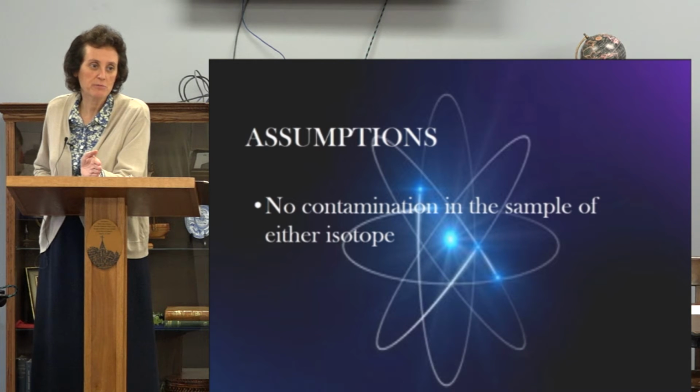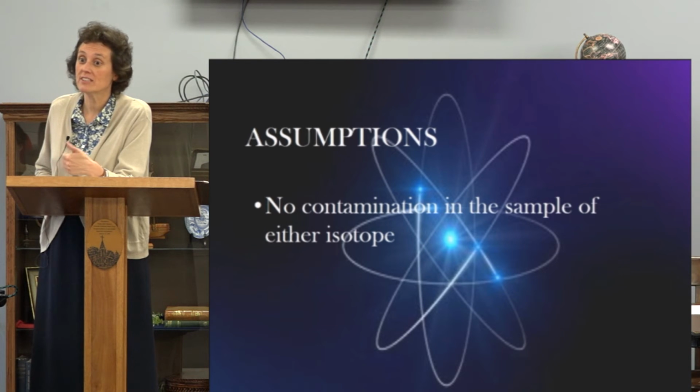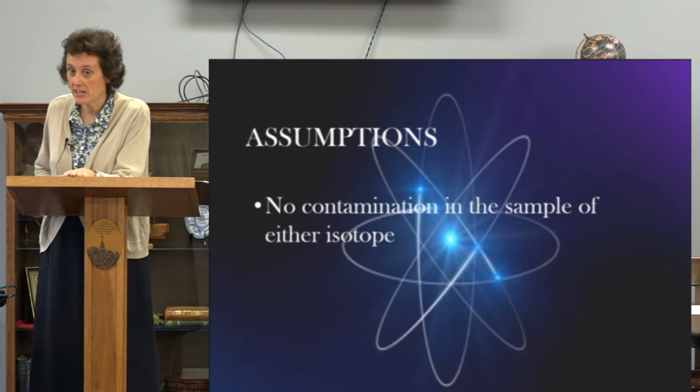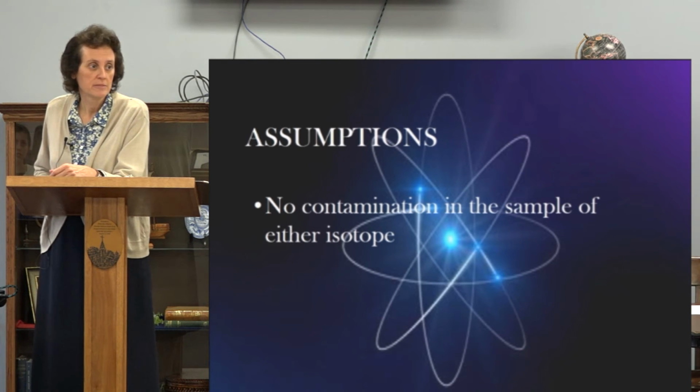That's a big assumption when we're talking millions of years. No contamination, meaning we don't have any loss of parent isotope throughout that time. We don't have any influx of extra daughter isotope. We do not have contamination in the sample of either isotope. That throws the ratio off.